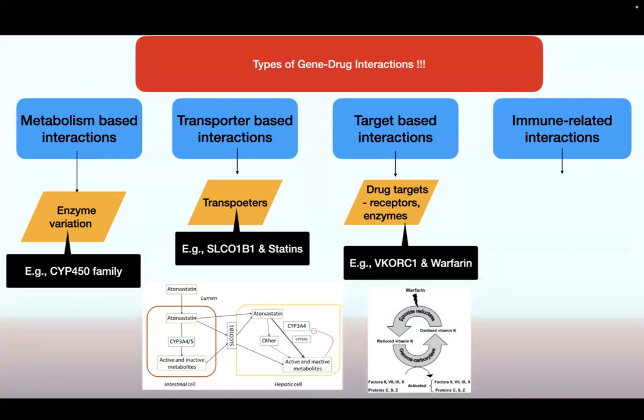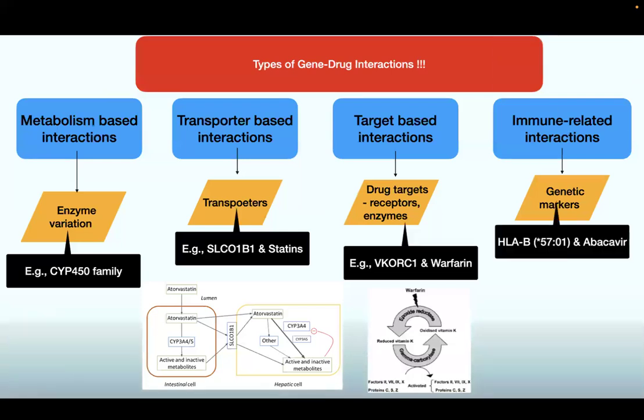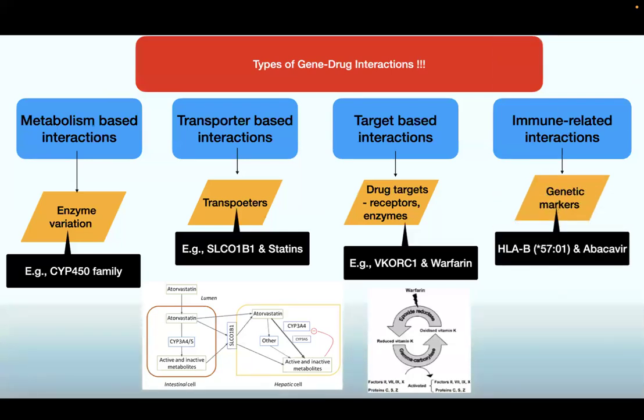And another, we are having immune based interaction, where the drug का जो जीन के साथ interaction है, the reason behind is immune system. Okay, and genetic markers are there which are responsible for it. For example, human leukocyte antigen B 57:01, and उसका एक antiviral है abacavir, उसके साथ interaction होता है which is immune related, because this variant specifically 57:01 is increasing the risk of life-threatening allergic reactions.